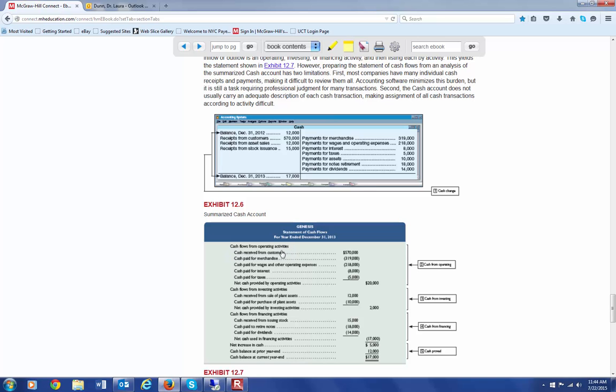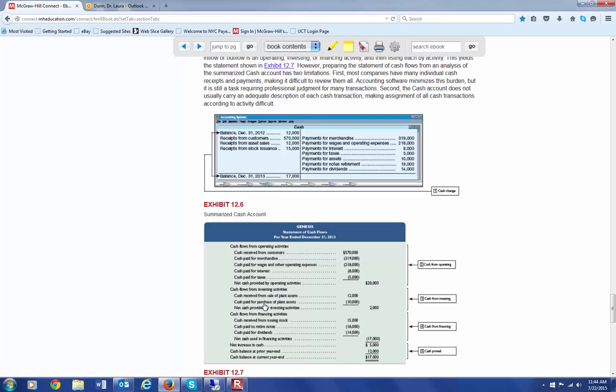So cash received from customers is an operating activity. The cash paid for the merchandise that you sold to the customers is an operating activity. Cash paid for wages and other operating expense, operating activity. And then interest and taxes are considered operating activities. So then you get your net cash provided by operating activities of $20,000.